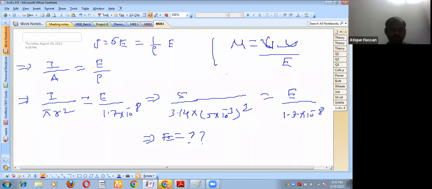Solve it quickly. How much answer are you getting? We see here from the electric field we will get 5 into 1.7 into 10 to the minus 8. All of you will solve it, right? Is it necessary to solve it?